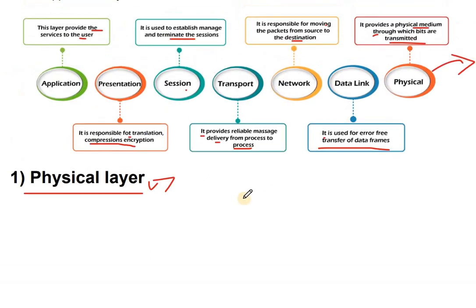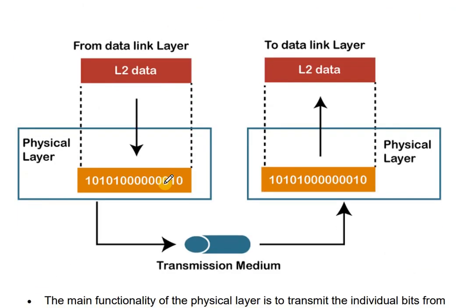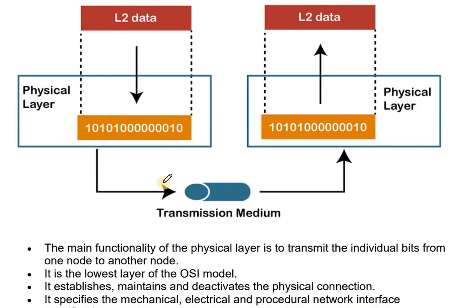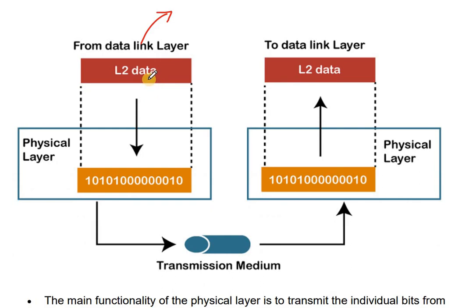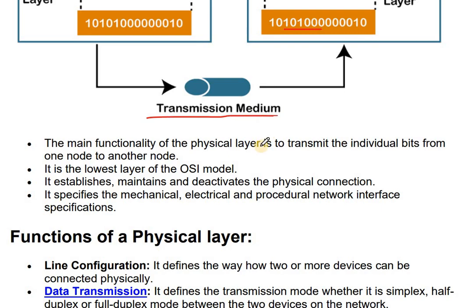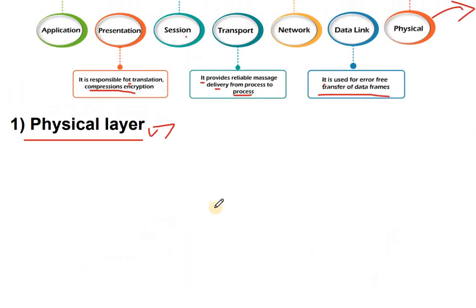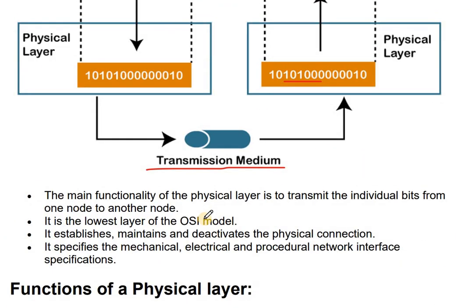The first one is the physical layer. We are going from bottom to up. This is the physical layer, coming from the data link layer with L2 data, then the bit conversion for the transmission medium. It is bit representation in the physical layer, and then going up, L2 data goes to the data link layer.